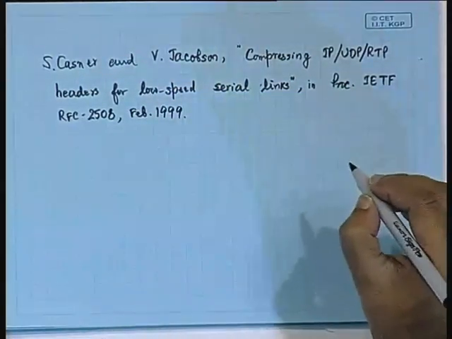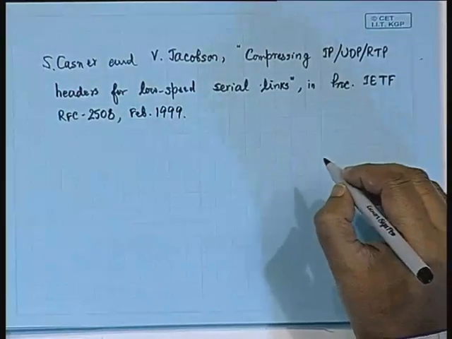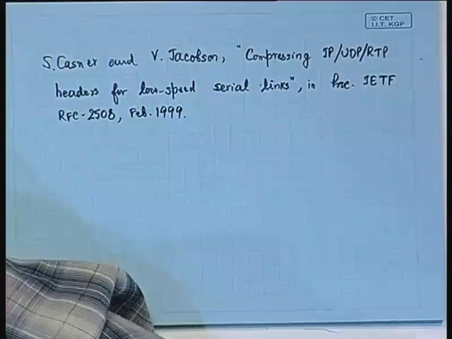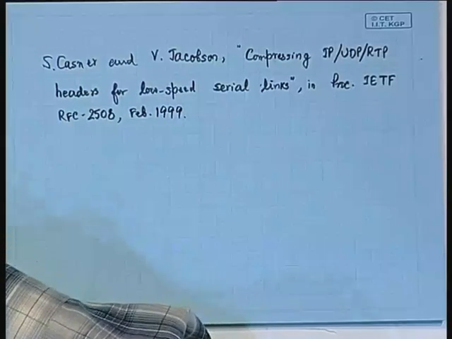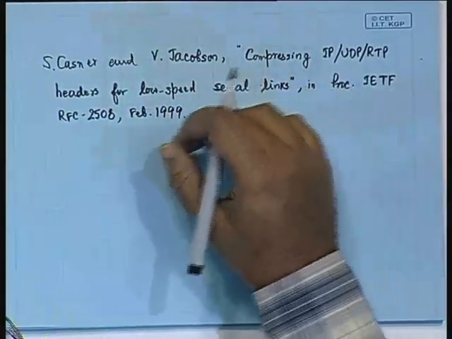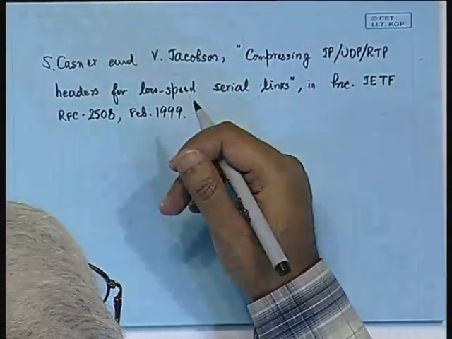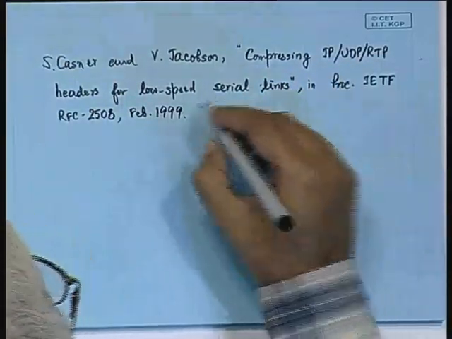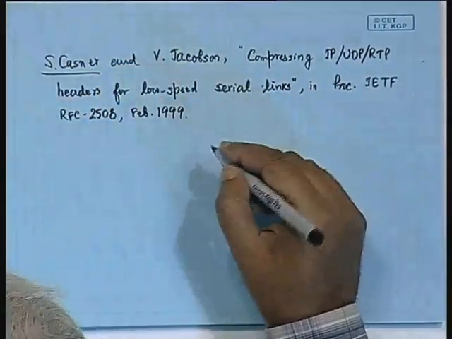Okay. So this is the compression scheme, and the paper that you can refer to for details about the multiplexing scheme also suggested an improvement upon Casner's algorithm.